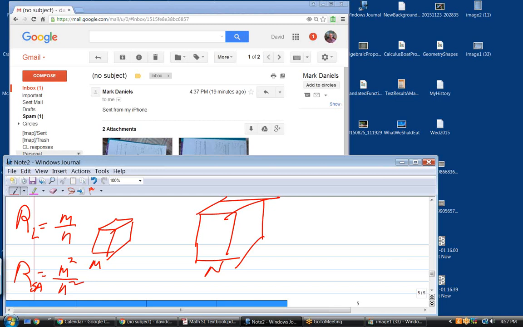Exactly. In other words, you do the same thing as you would do if you're going from linear to area. Surface area does not change it. The way you know that is that surface area is 2 dimensions. When you're measuring surface area, you're coming up with square inches.